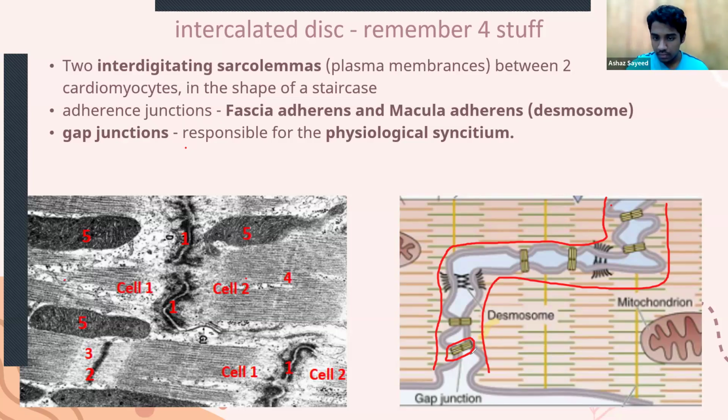If these gap junctions are not there, the cells don't contract together, they contract independently. That's going to be a problem. We want these cells to contract together, produce a force big enough to push blood from the heart into the blood vessels. So for them to contract together, the signals need to move through these gap junctions. That's why the gap junctions are responsible for the physiological sensation.